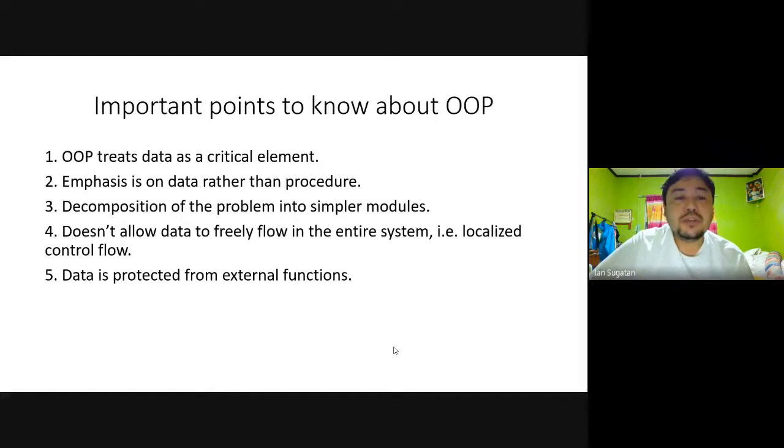So we have here important points to know about object-oriented programming. First, object-oriented programming treats data as a critical element. This means that the data is processed through several processes so that it will become an output. So this will come up with an IPO diagram. That is a very good example of a critical element for treating data.